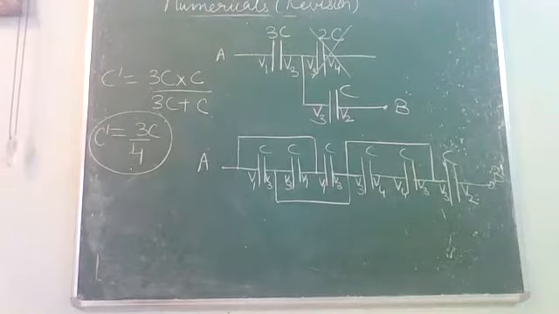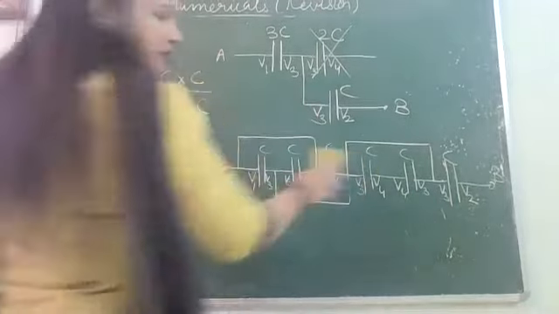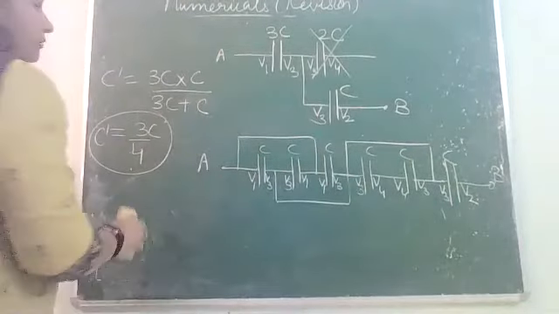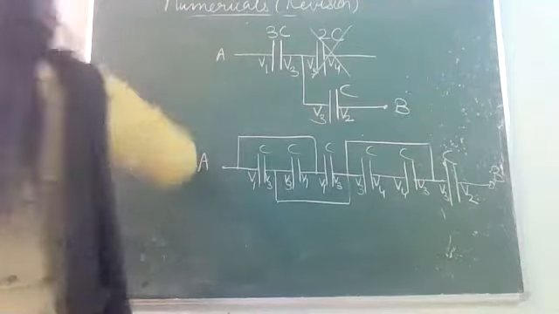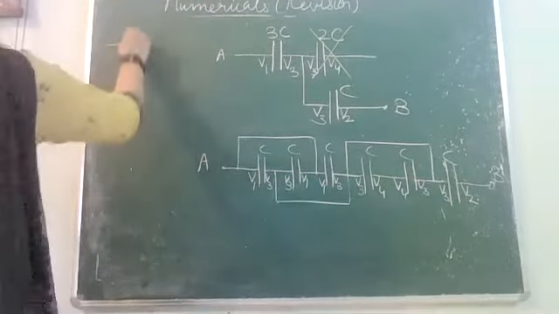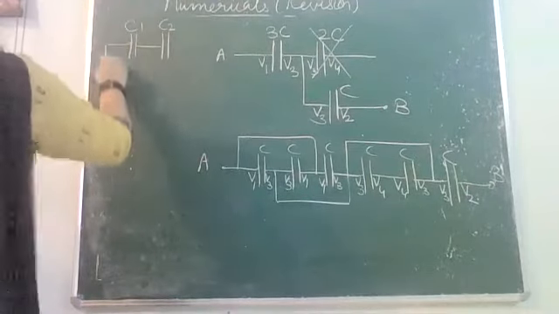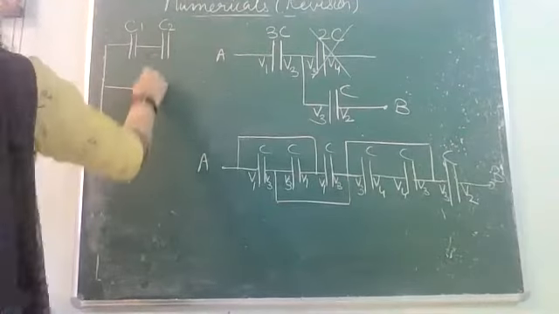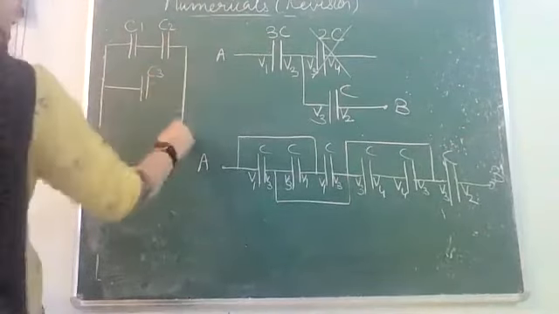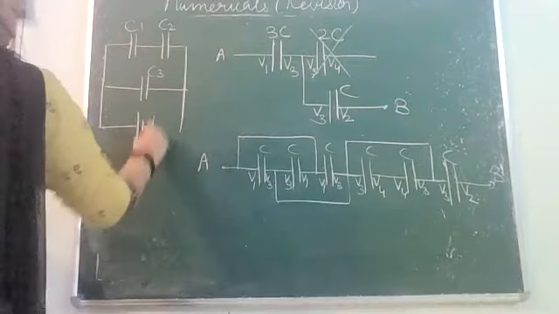Write down. Should I write this? Have you noted? Now a simple network is given of capacitors C1, C2, C3, and this is a battery here.